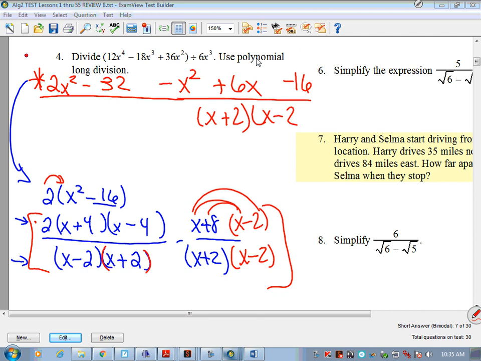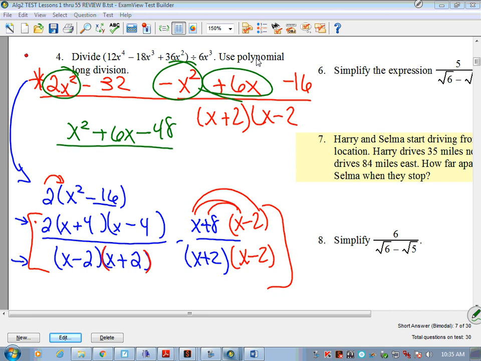That's going to leave me with a positive x squared, right? I have a positive 6x right here, and I've got negative 32 minus 16. Negative 32, subtract 16, I get negative 48, over x plus 2.